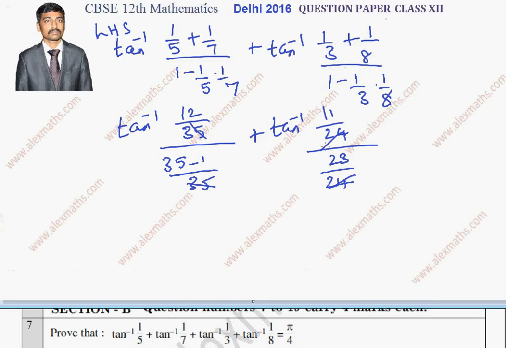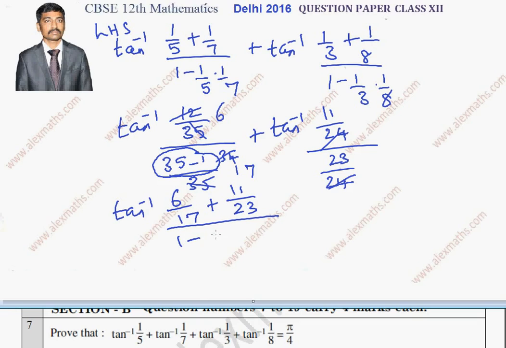So we can cancel these two. So we are left with 12 by 34 here. If I cancel with 2, this is going to be 6 by 17. So finally we are left with 6 by 17 plus 11 by 23 whole divided by 1 minus 6 by 17 into 11 by 23.